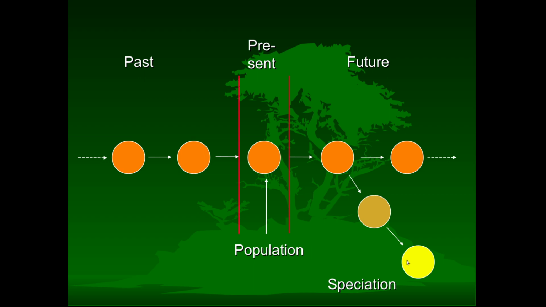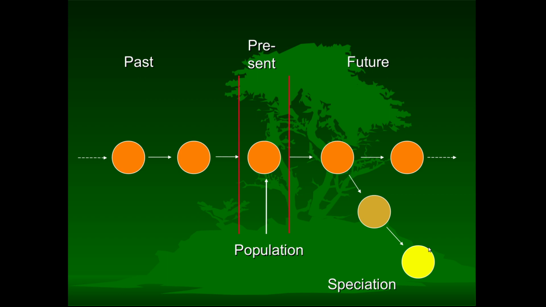So if the change becomes enough, so it's no longer possible for this population to interbreed with this population up here, then we say that speciation has occurred. A new species has evolved. So we've got two species now rather than just one species. So speciation is the production of a new species, and how much a branch of a lineage has to diverge before it's called a new species is a matter of disagreement.